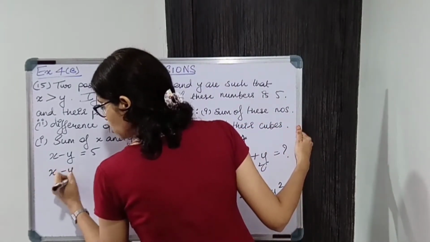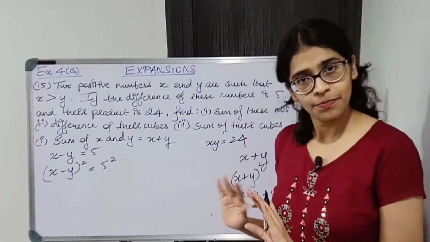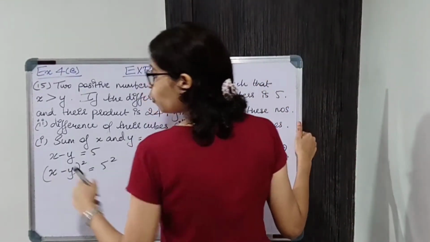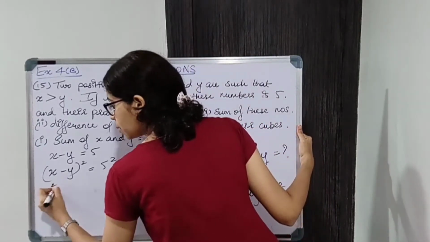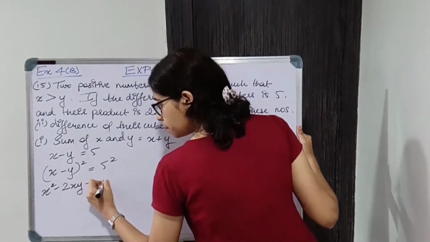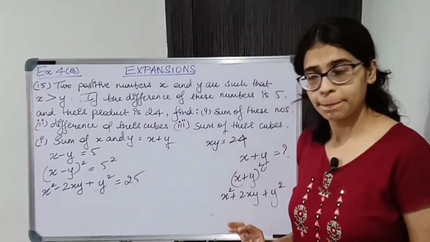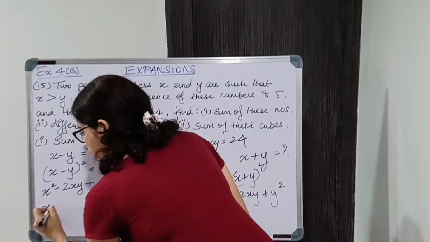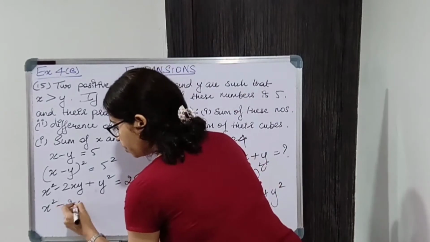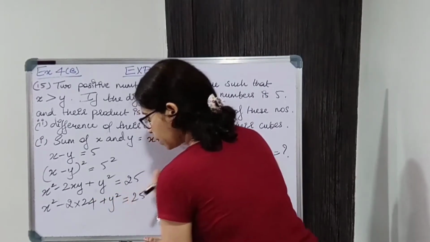So x minus y the whole square is equal to 5 square. Put brackets, square on both the sides. Okay, squaring on both the sides give reason. This is of the form a minus b the whole square, so it is a square minus 2ab, 2 into a into b plus b square is equal to 25. Okay, now I know value of xy, it is 24, so 2 into 24, okay, plus y square is equal to 25.